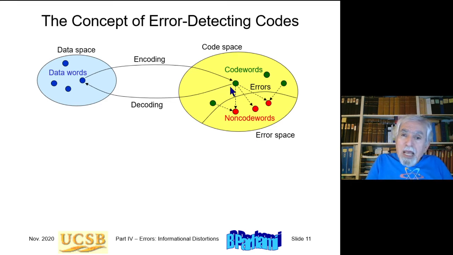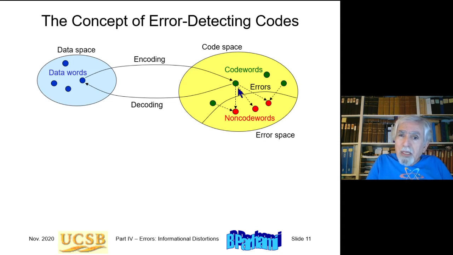Okay, now these code words have a particular distance from each other so that if, say, a bit in this code word changes, it never changes to another code word. It changes to a non-code word. So the space of words, the code space here, is divided into 2 parts. The set of code words, valid representations, and the set of non-code words, invalid representations, representing errors.